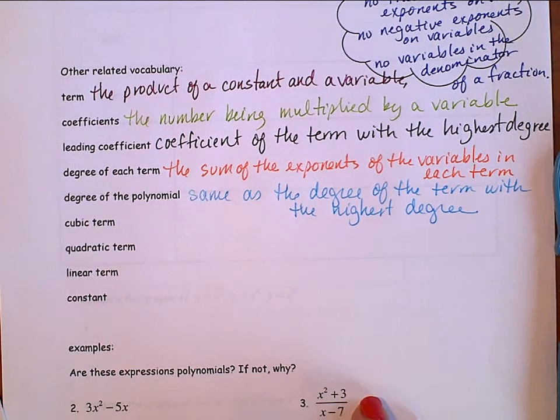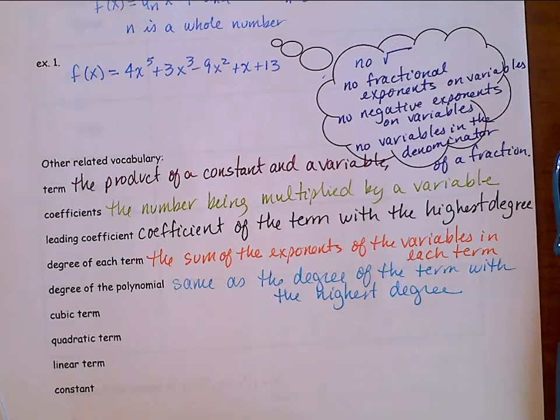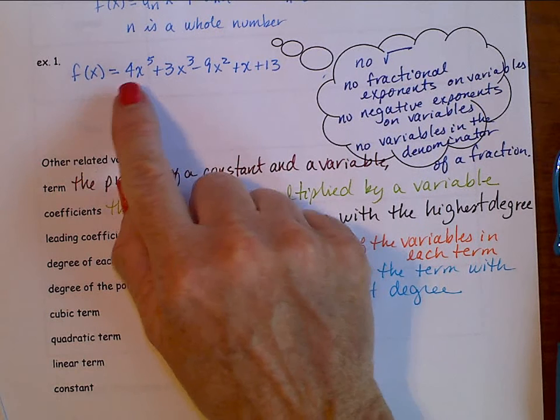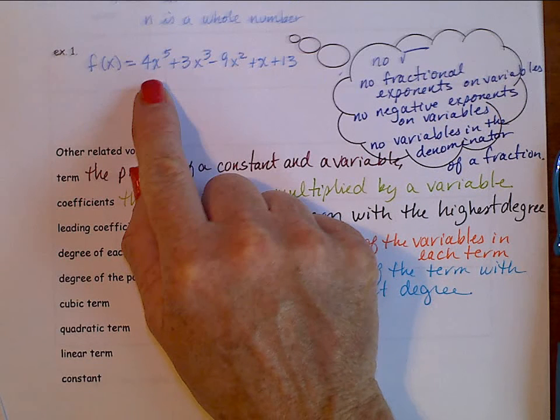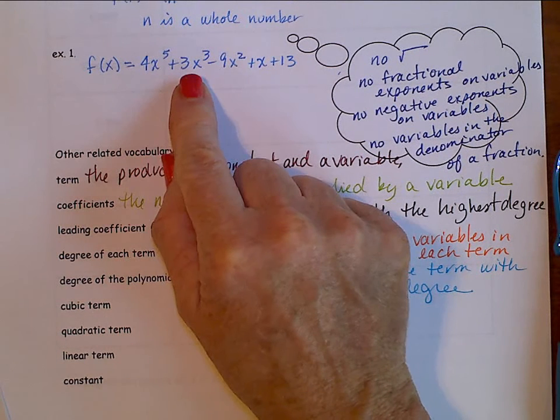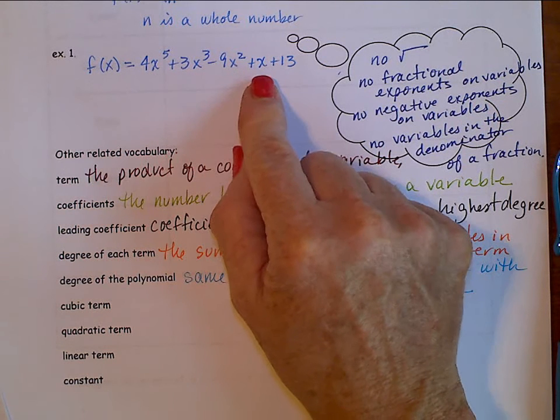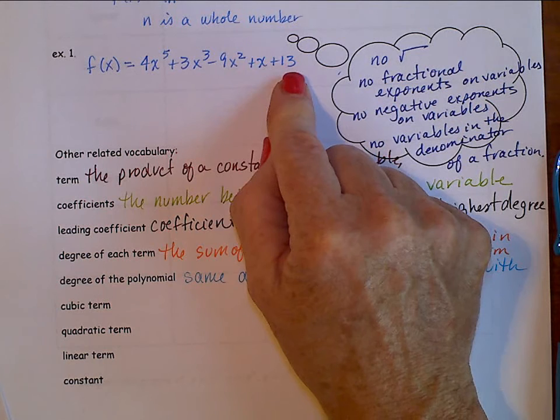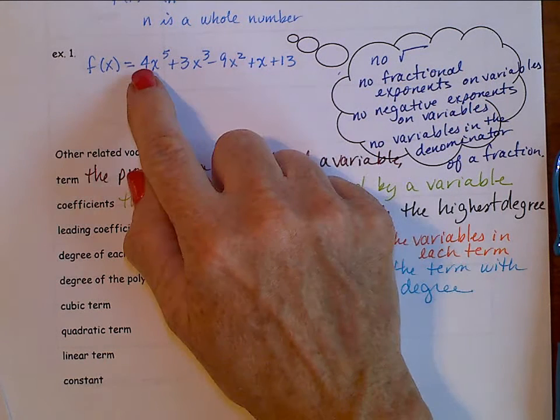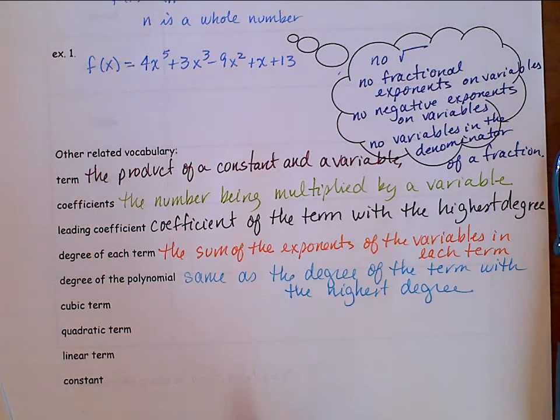So if we look back up to the beginning, this example that we had, the degree of this term is 5. This term is degree 3. This term, degree 2, degree 1, degree 0, or a constant term. The degree of the entire polynomial is 5.